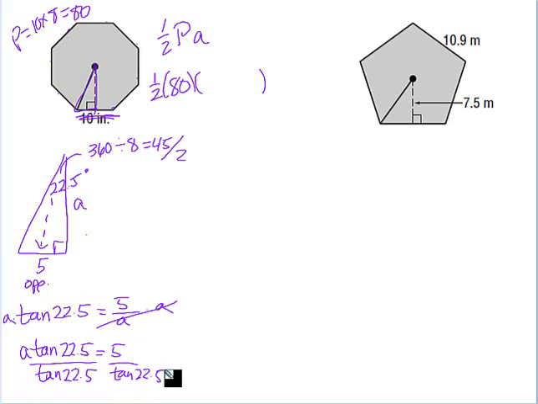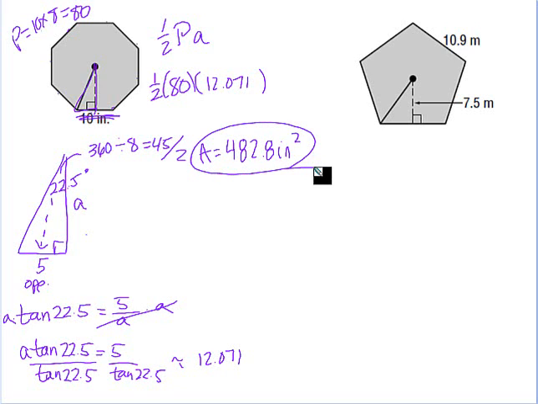So if we take 5 divided by the tangent of 22.5, our apothem is about 12.071. So we can fill that in for our apothem. Now if we multiply our apothem by our perimeter and then multiply it by a half, the area of this octagon should be about 482.8 inches squared.